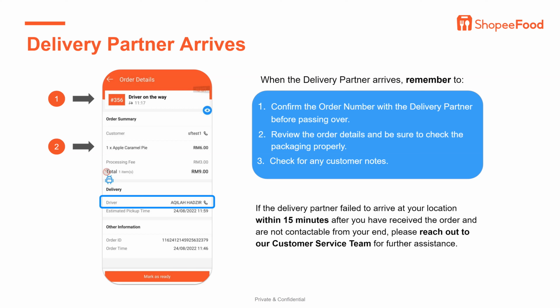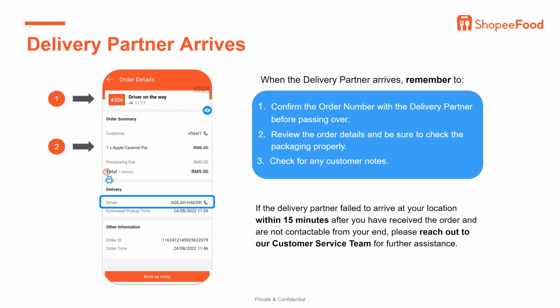Another thing you need to be cautious about and remember is to prepare all the items that are ordered by the customers. So you need to be alert in checking for any customer notes or remarks, just in case customers request to reduce spicy or remove mayonnaise. And please be sure that you check the packaging.